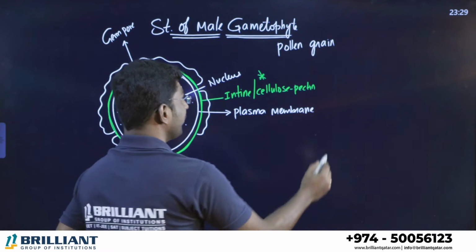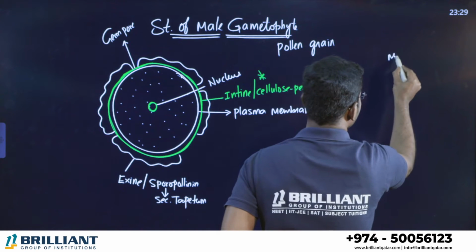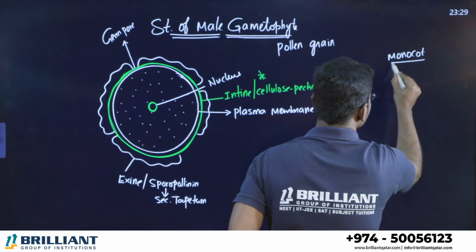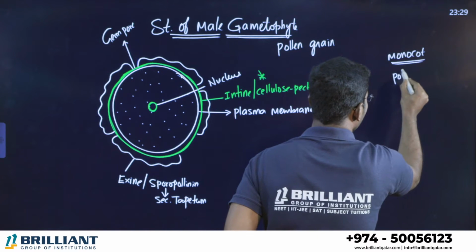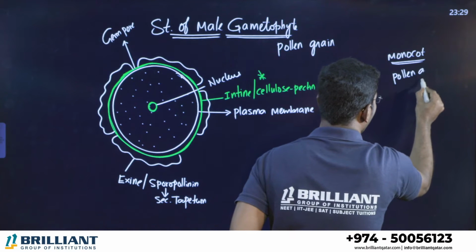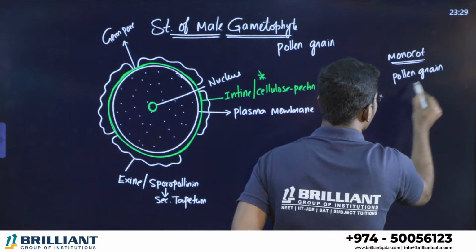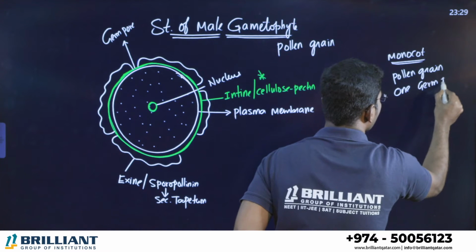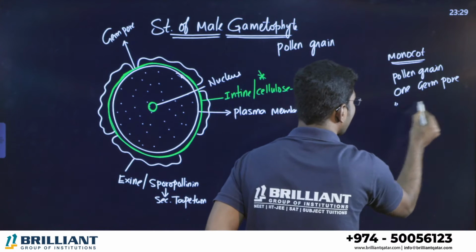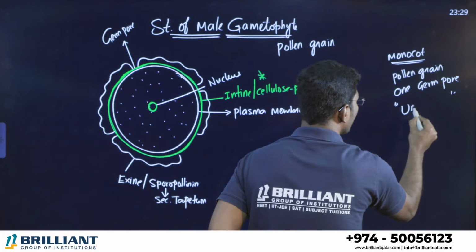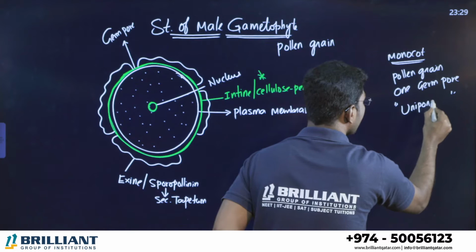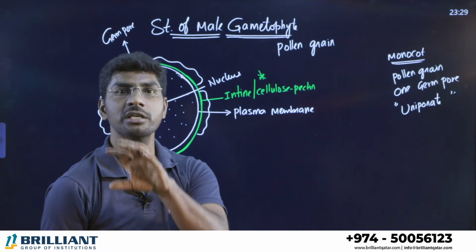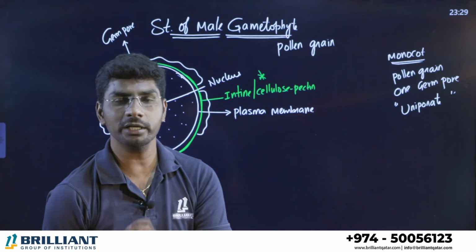Next, one more important thing. In monocots, if you take a monocot like rice, maize, or wheat, the pollen grain has one germ pore. Such a pollen grain is called uniporate. Keep in your mind, uniporate means one single germ pore is there on the pollen grain.